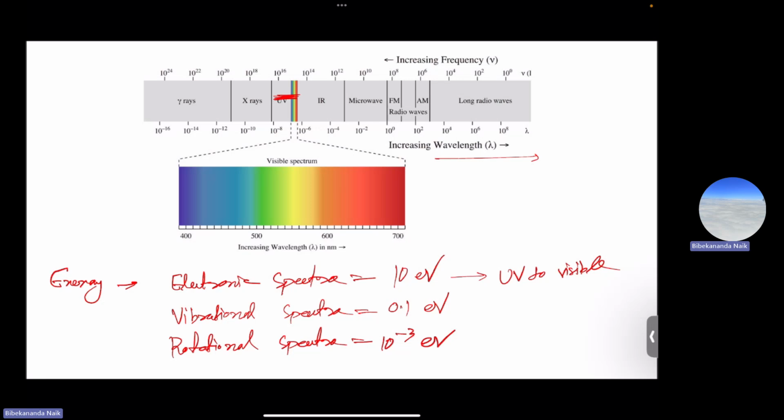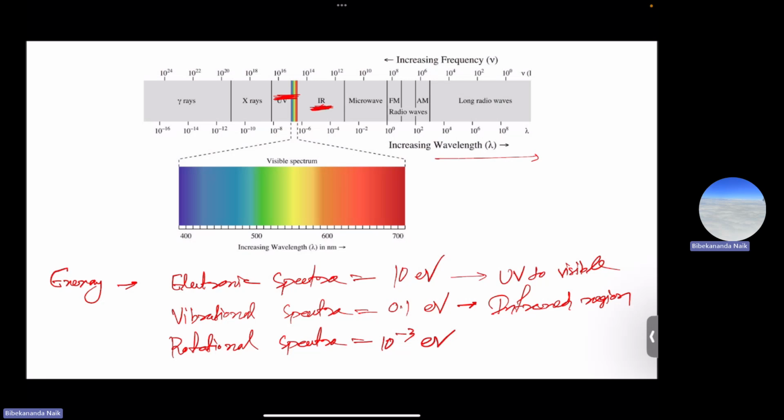Since the order of energy is smaller than that of the electronic spectra, it will lie behind. This is the infrared spectrum, which lies after the ultraviolet and visible spectrum. So vibrational spectra correspond to the infrared region.